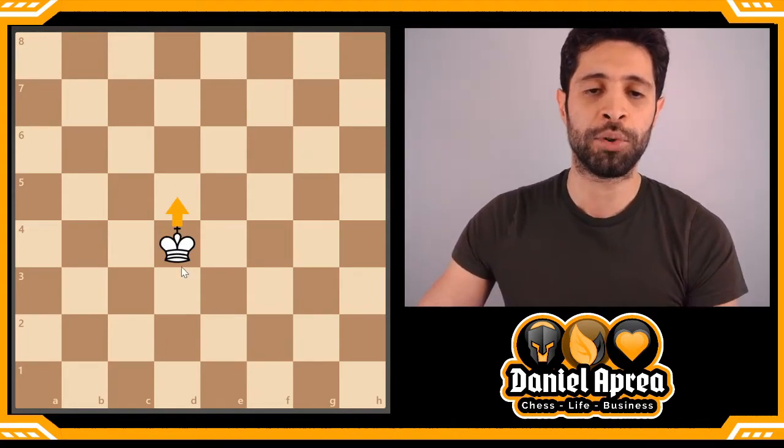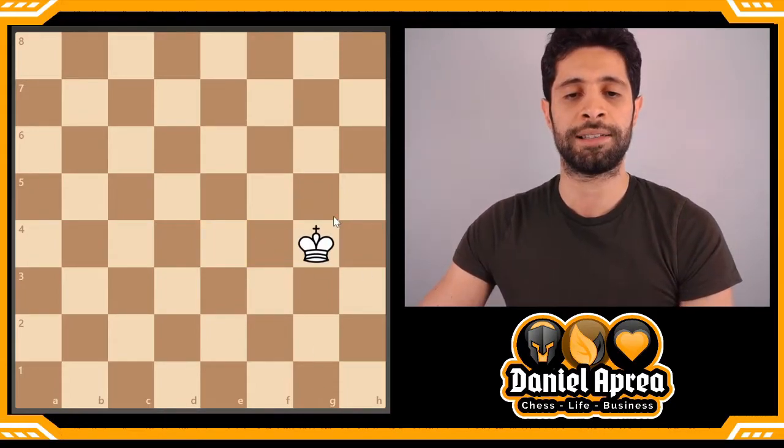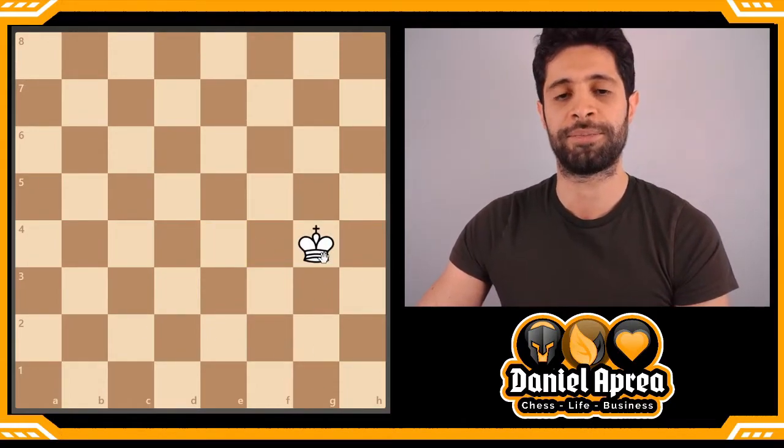The way the king moves is the king can move one square in each direction. So every time it's your turn, you can move your king pretty much in any direction, but only one square at a time. So this move is legal, this move is legal, this move is legal, this move is not a legal move. Exactly.